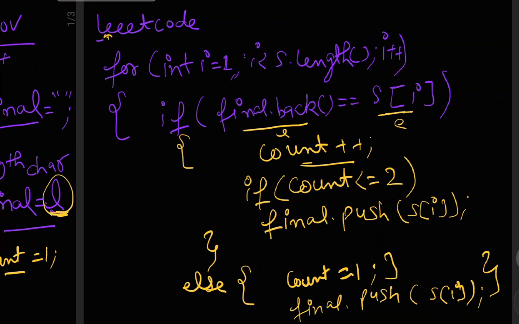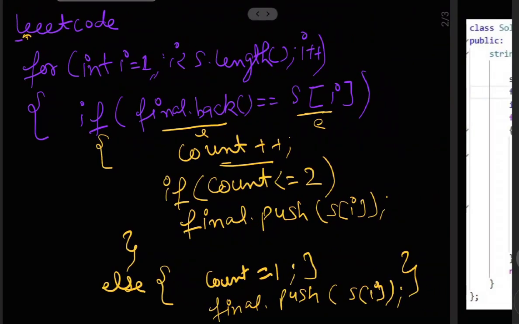Again, what is my string now? At I equals to 1, my string will be LE. Okay. At I equals to 2, what will be my string when I came at this index? So now the final dot back is equal to E, which is okay.